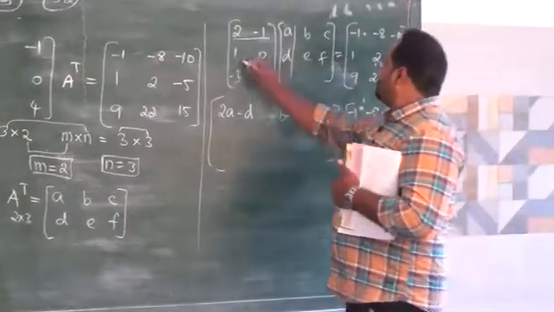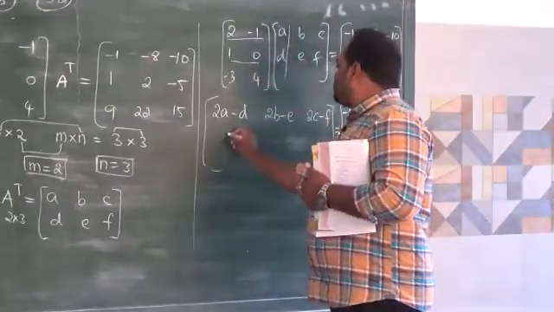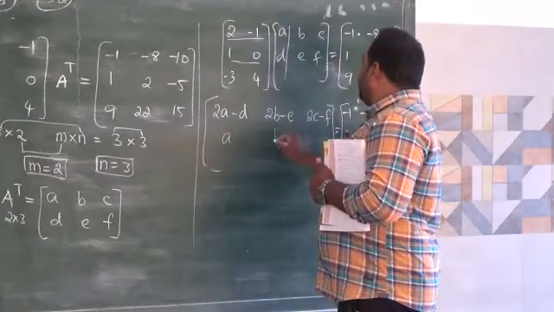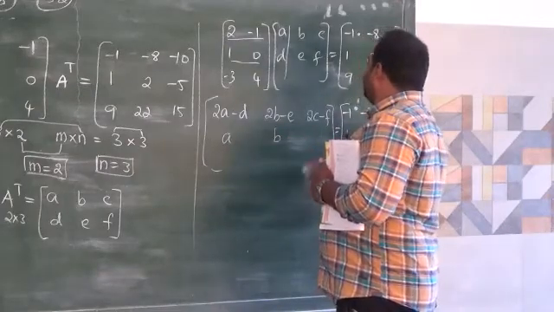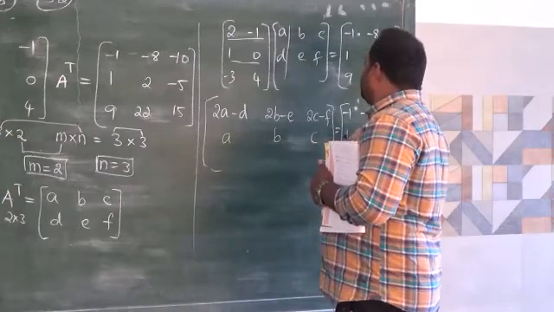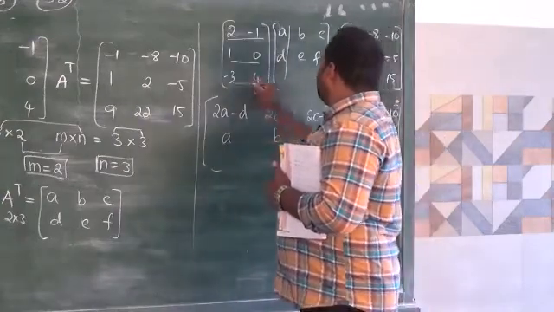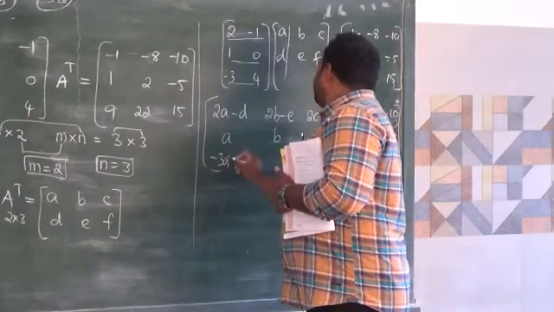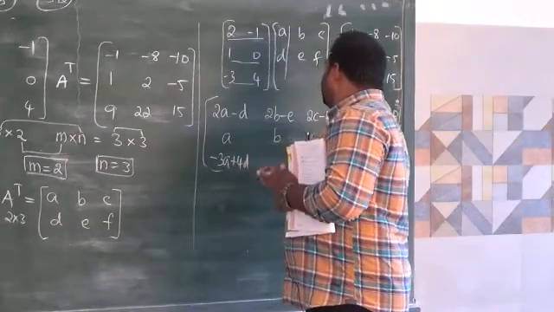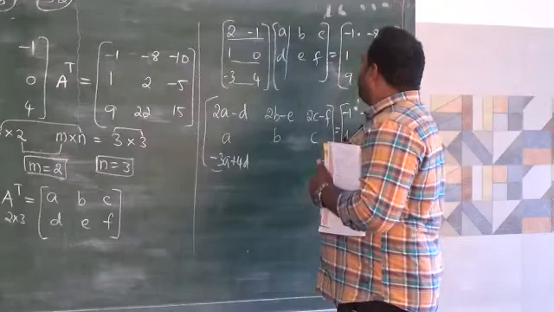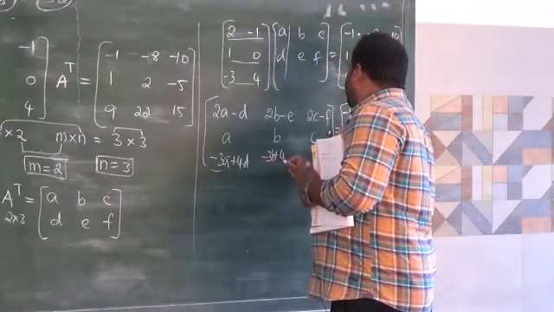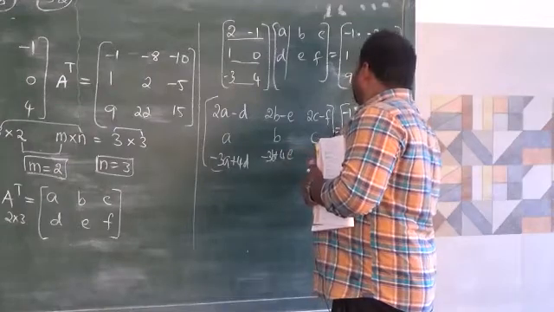Now, second row, first column: A plus 0 into D gives A, B plus 0, C plus 0. Next, third row, first column: minus 3A plus 4D. Next, minus 3B plus 4E.